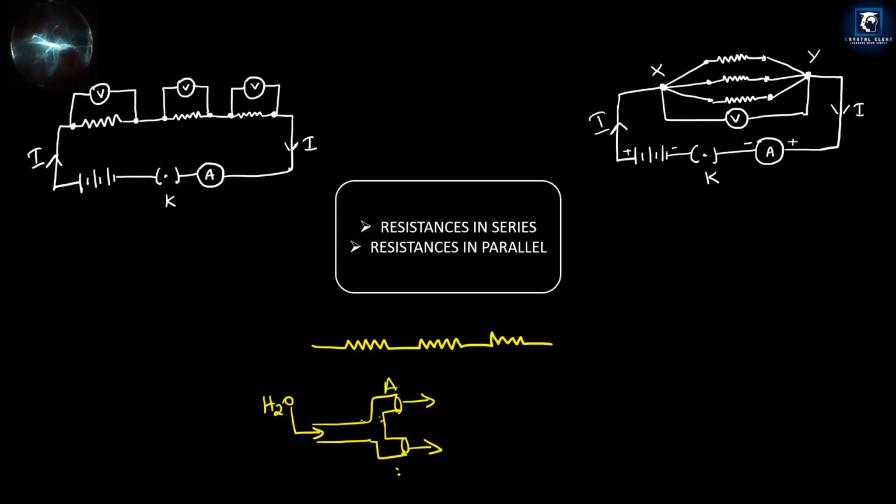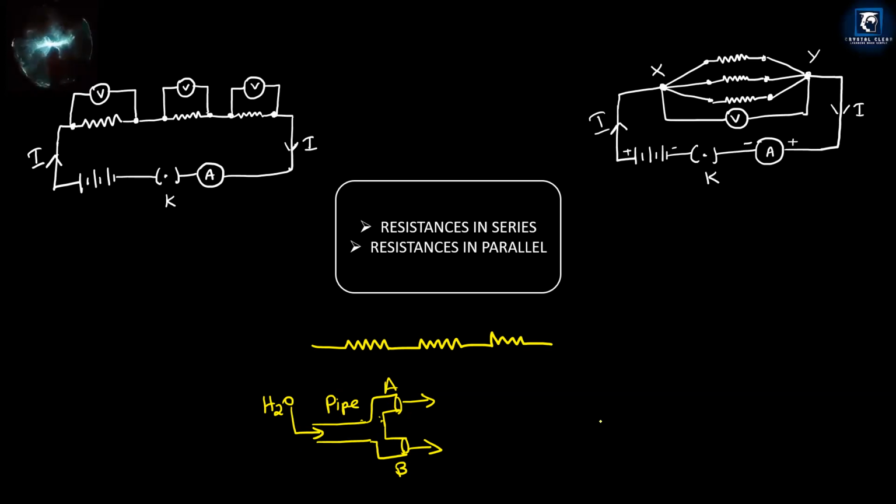We can make it as A and B, the subdivision of the pipe. In the pipe the water is flowing, and there is a division in the pipe. The pipe is divided into A and B, and the water is flowing through A and B in two different ways. Suppose the amount of water is 100 gram, or I can take it as volume or mass, whatever it is, you see it is divided here.